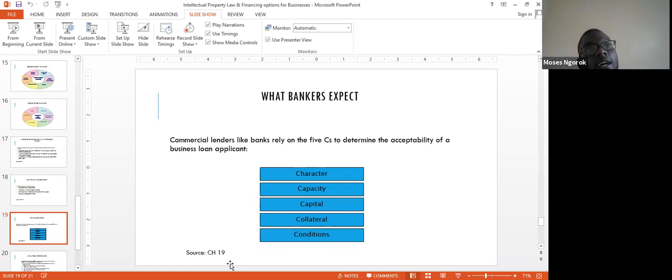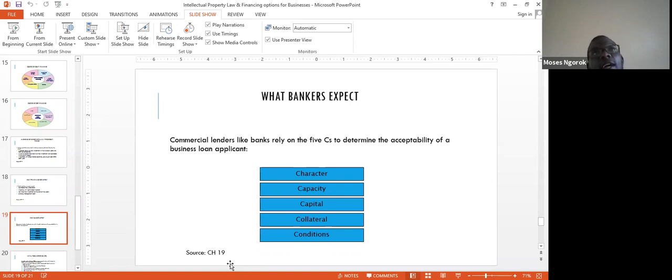Next thing is they have what we call collateral. Collateral is security. They say, okay, if you fail to pay, how else can we recover our money? So this security can be real estate, that is property, or it can be intangible. So it can be tangible and intangible property. Tangible could be real estate, could be what we refer to as debentures.